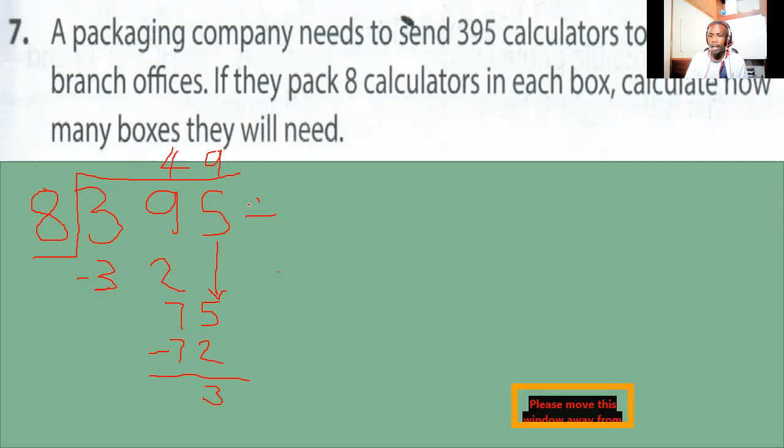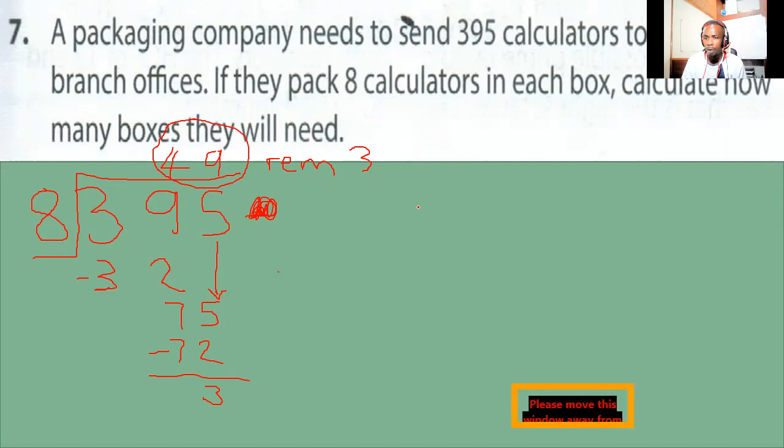But here we no longer have a number to bring down. So this is remainder 3.